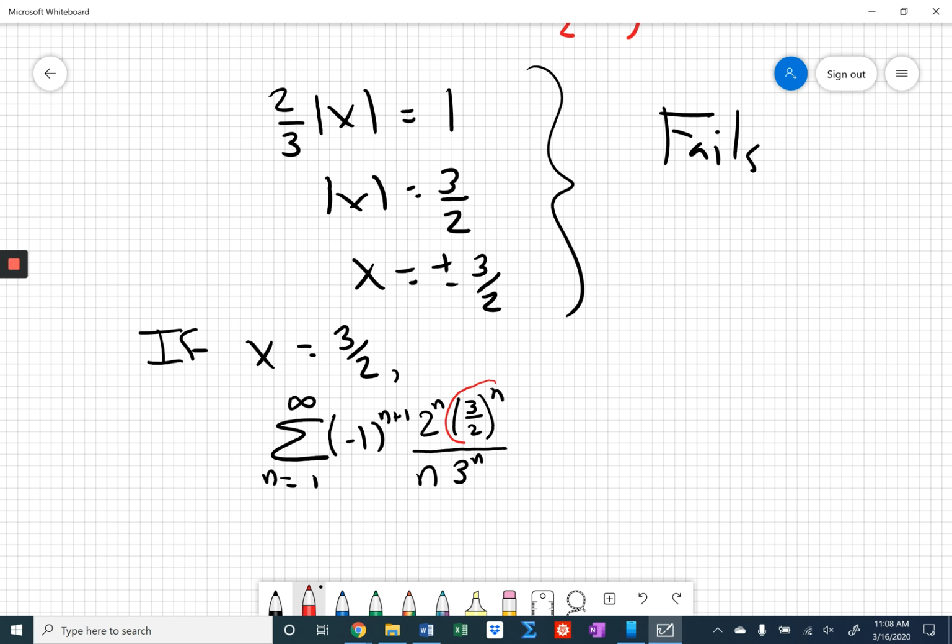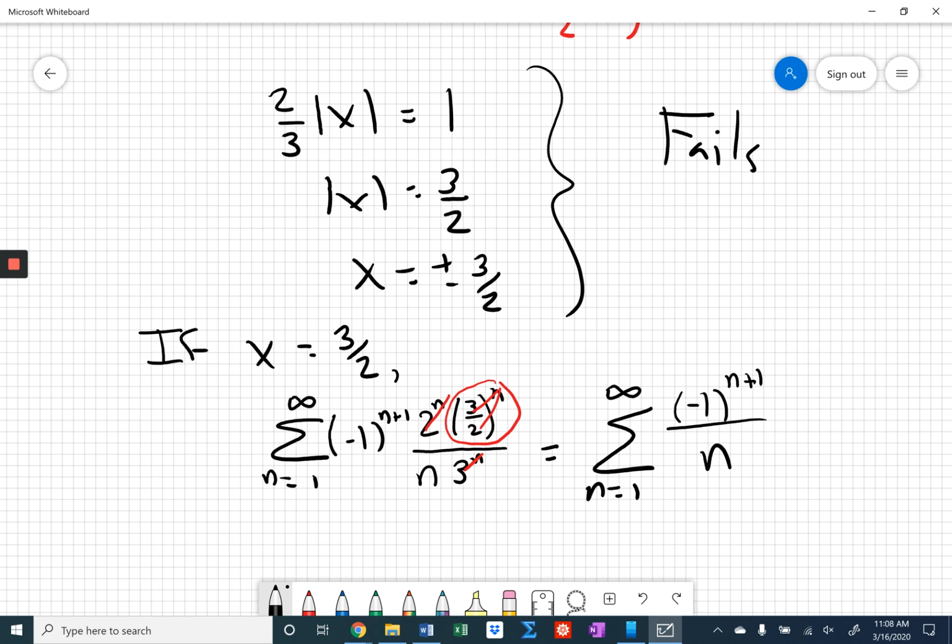Notice we got this little (3/2)^n. That's 3^n over 2^n. Well, the 2^n in the denominator is going to cancel with this part here, and the 3^n is going to cancel with this. A lot of stuff cancels there. So this nicely looks like the sum from n equals 1 to infinity, (-1)^(n+1) over n.